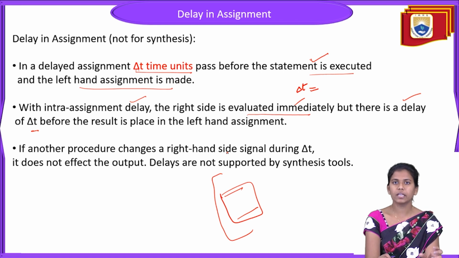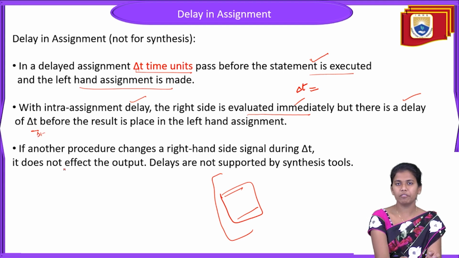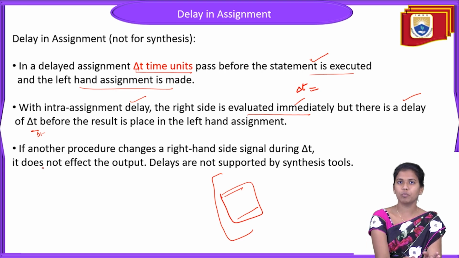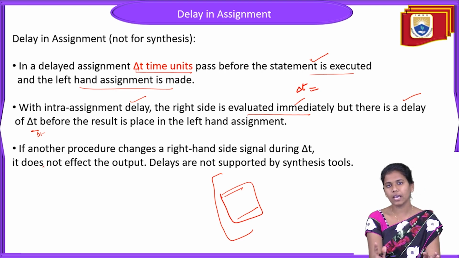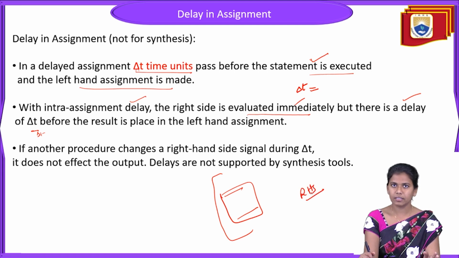So before we place values into the variables on the left hand side of the expression, there is some delay, and that delay is processed while the evaluation happens immediately on the right hand side.